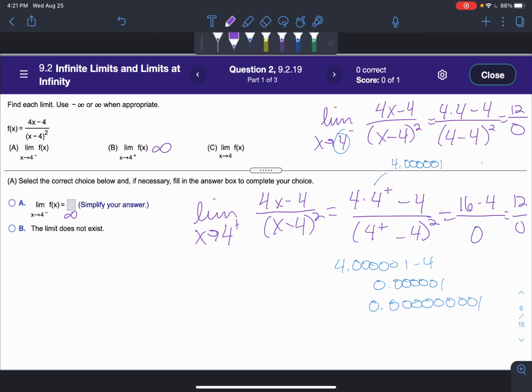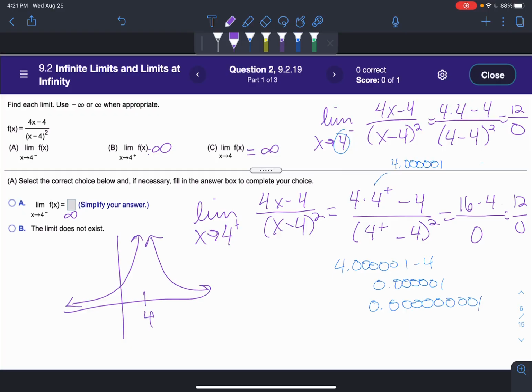And now, once we did part A and B, all we have to do for C is ask ourselves, are the answers from A and B equal? And they are, and so the answer to part C is also infinity. And again, you can use the graphing calculator, and the graph looks like that around 4.